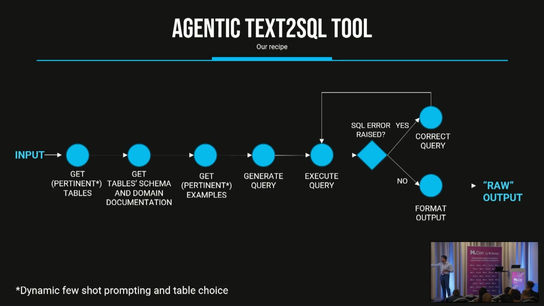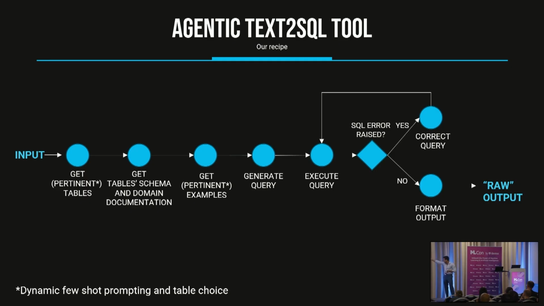So the more dynamic few-shot prompting you can get, the better the results will be. So we get relevant examples. So based on the input of the user, we find similar queries from a human-curated dataset. So we find the relevant similar couples, user query and human-generated SQL.